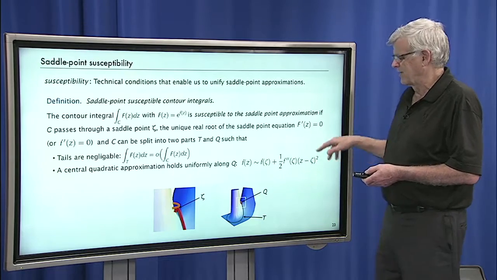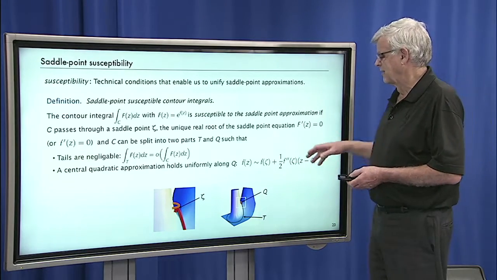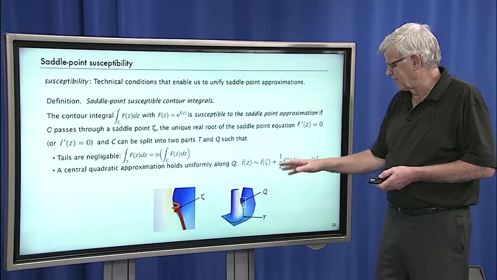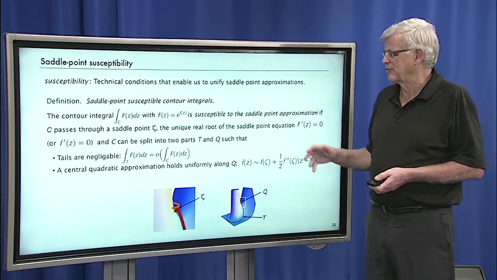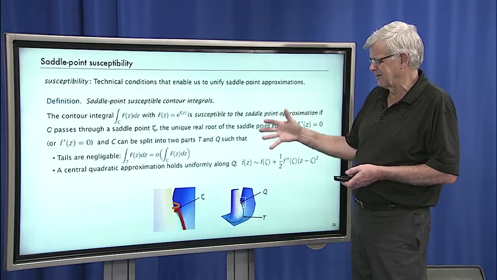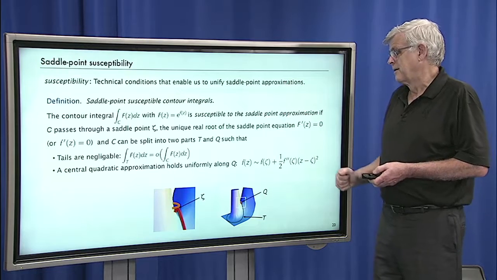That is, there's a quadratic approximation, just like we saw from an elementary analysis of what a saddle point is. So it doesn't have to be precisely a saddle point, but if it's near a saddle point, you have that quadratic approximation. That's as general as the conditions can be made.